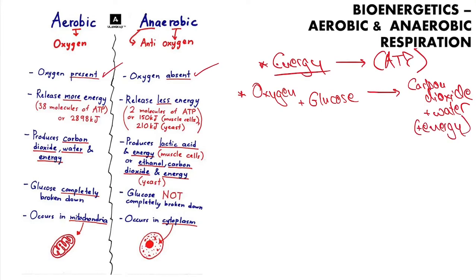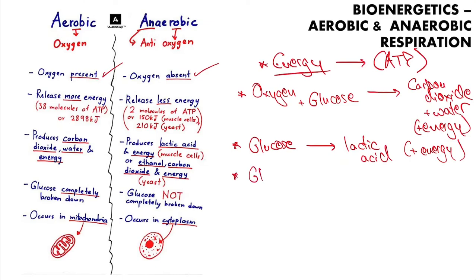your anaerobic respiration equation is without oxygen. Now, this varies dependent on if this respiration is occurring within a plant or an animal. So glucose, in an animal, breaks down into lactic acid and energy.